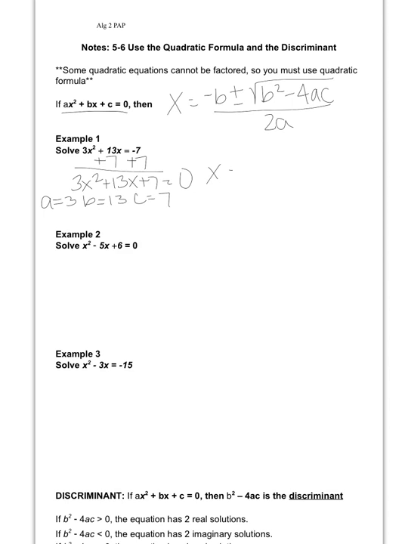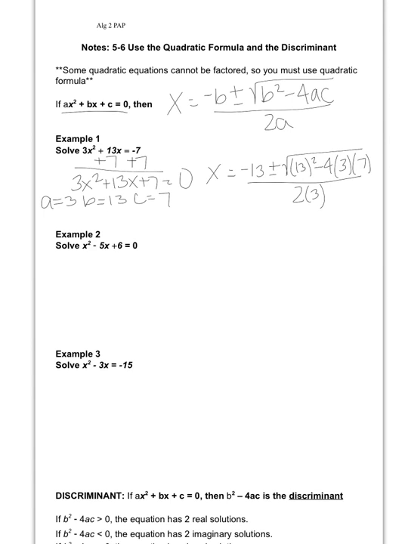We have x equals negative b, and b is 13, so negative 13, plus or minus the square root of b squared, so 13 squared, minus 4 times a, which is 3, times c, which is 7, all over 2 times a, which is 3.